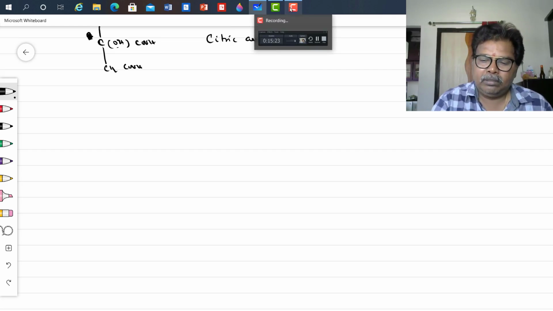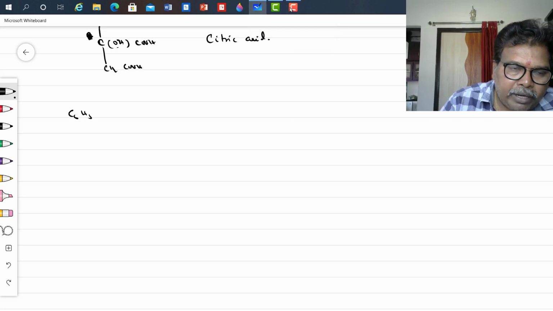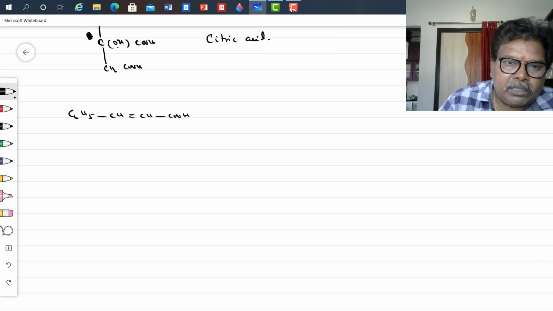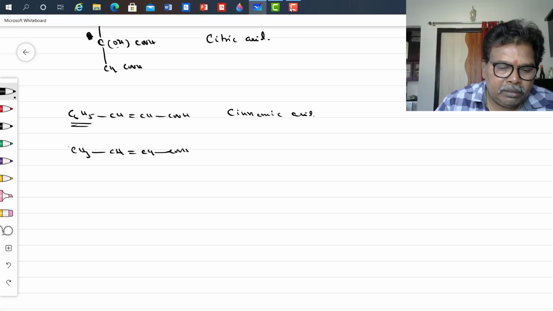Two important compounds are there. See here, C6H5 CH double bond CH COOH, which is called cinnamic acid. In cinnamic acid, if the phenyl group is replaced by a methyl group, CH3 CH double bond CH COOH, it is called crotonic acid.